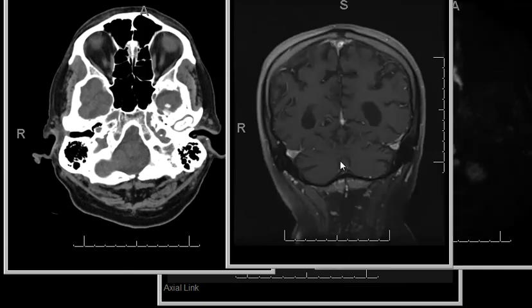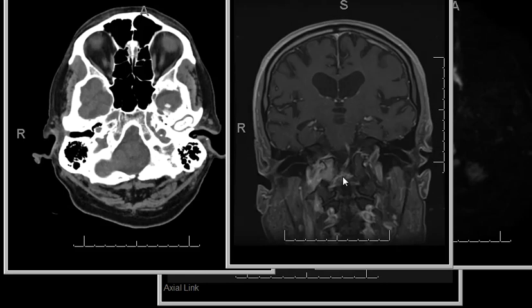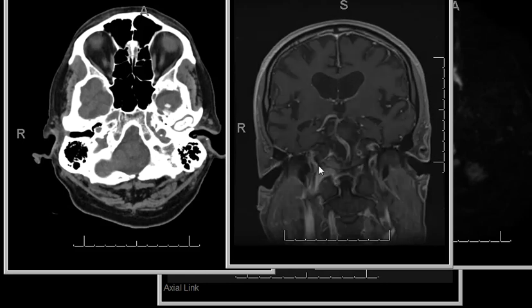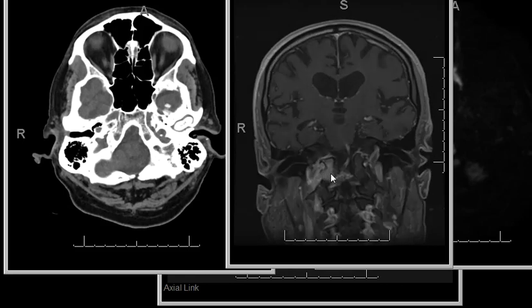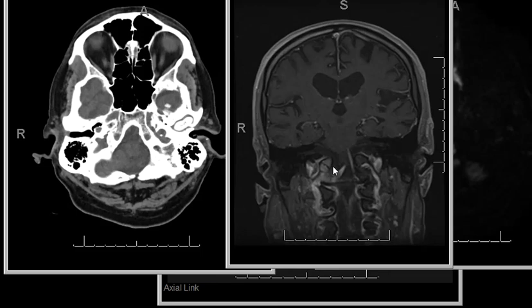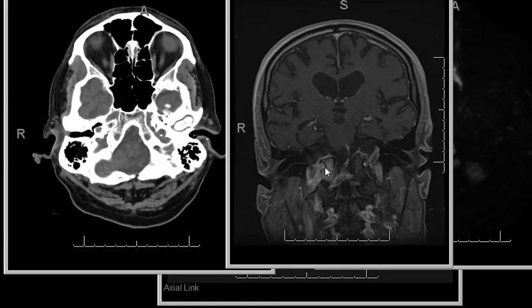And now we look again at this contrast enhancement of the occipital condyle, and it shows tumor infiltration with compression of multiple nerves here. Cranial nerves 9, 10, 11, 12 can all be compressed.